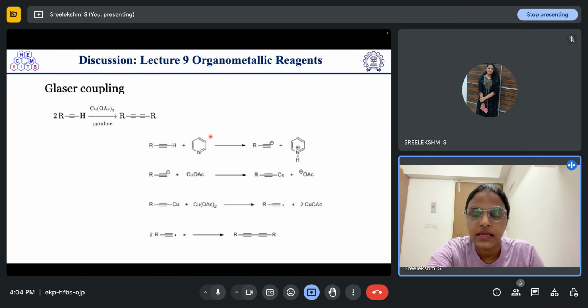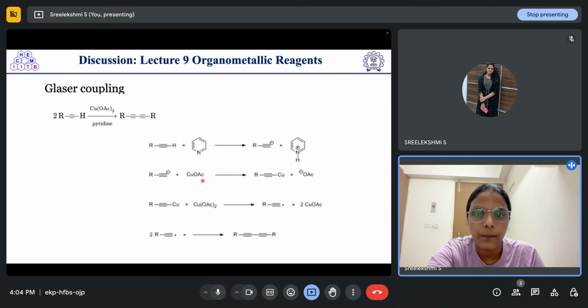First, the base whichever we are using, that is pyridine, will take up the proton of this terminal alkyne, forming this particular carbanion and this protonated pyridinium ion, and then this carbanion can react with the copper salt we are using.